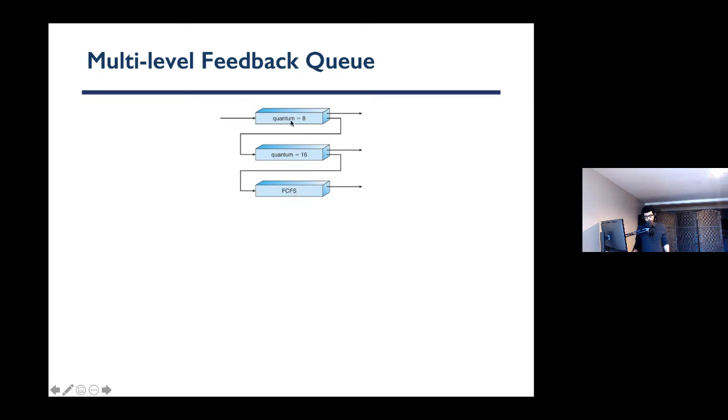Now, how do tasks do? Every time a new task comes, it goes to the first queue. And when I say every time they come, it means every time they come from I/O. If it is a new task, it doesn't really matter. They might do some computation and then go for I/O.